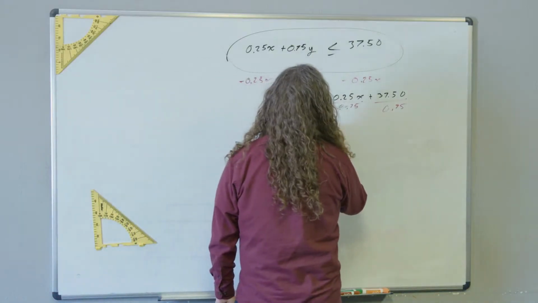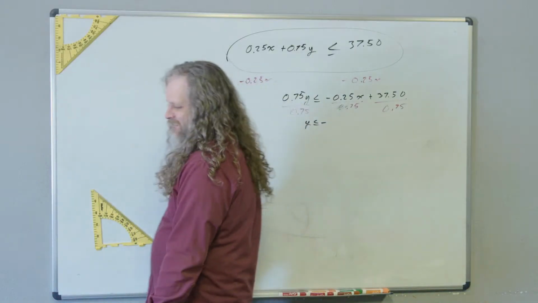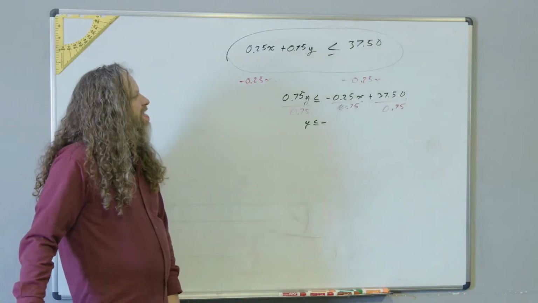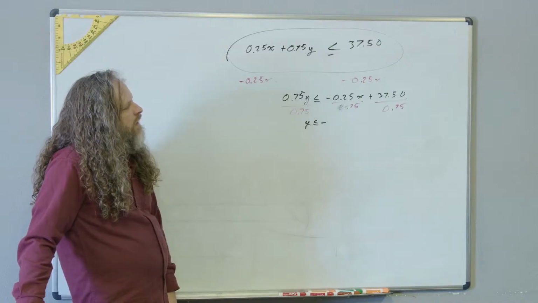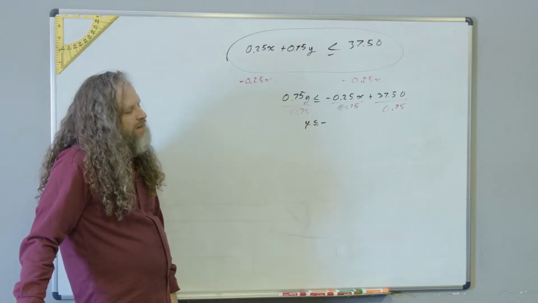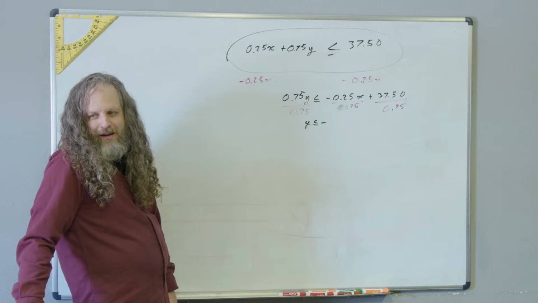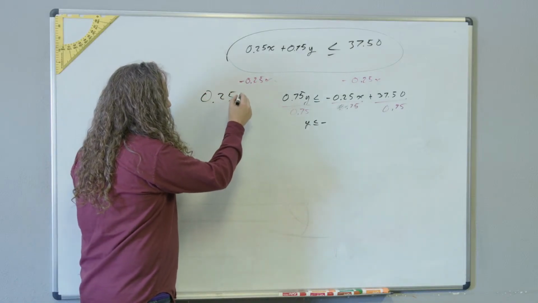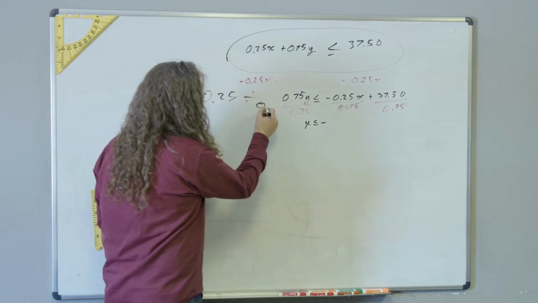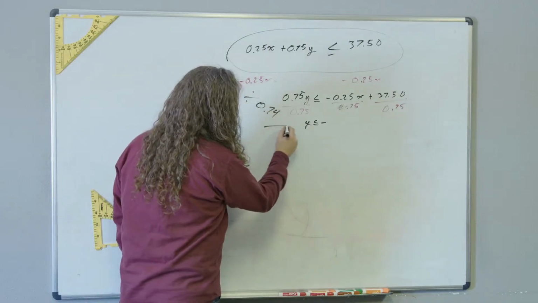I meant the other one. 50. That would be negative. Wait, no, you can't do that. 0.25 divided by 0.75.